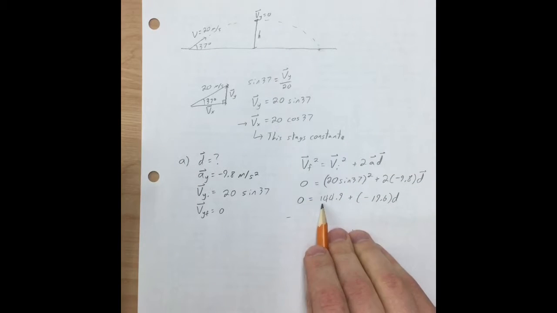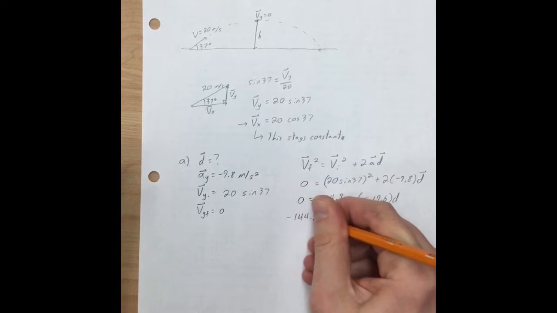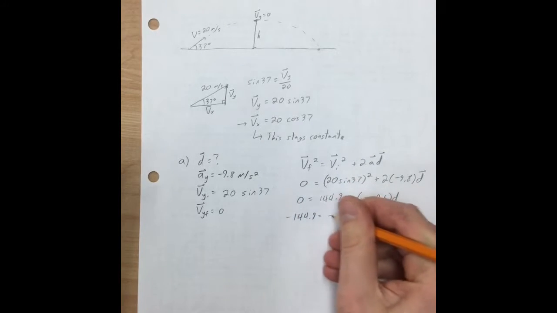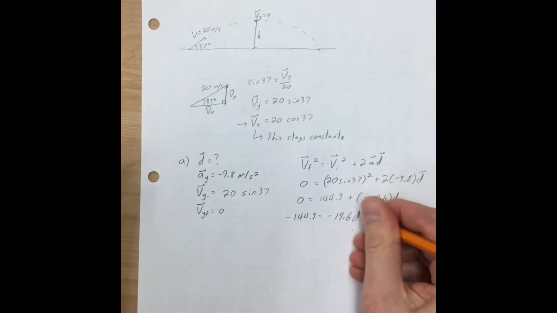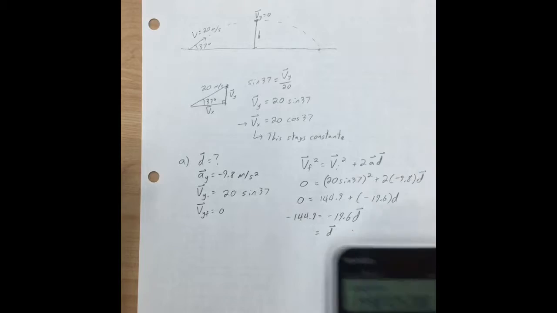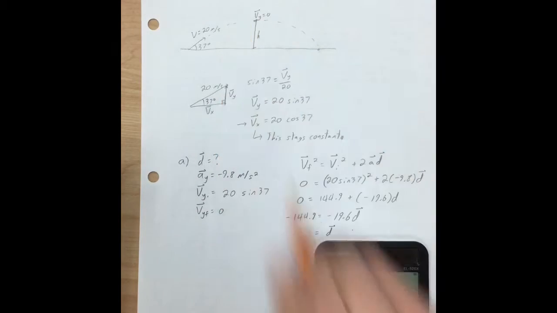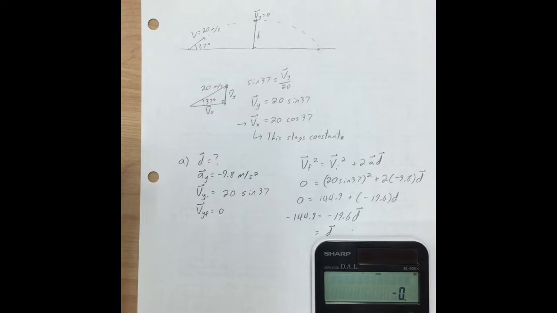We're going to subtract 144.9 from both sides. We'll end up with negative 144.9 equals negative 19.6d. So we're going to need to divide both sides by negative 19.6, and that's where we're going to get our positive value for d, because if it's traveling upwards, we should get a positive value for it.